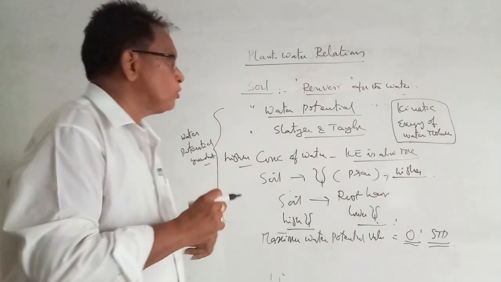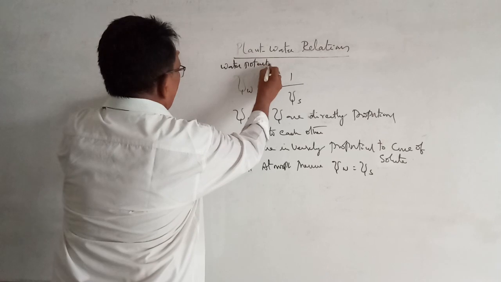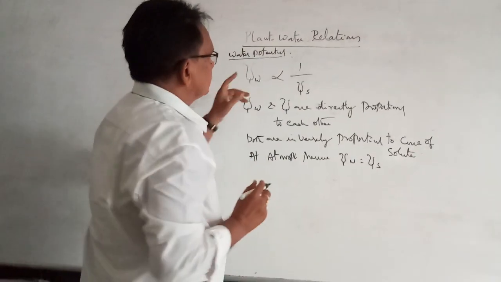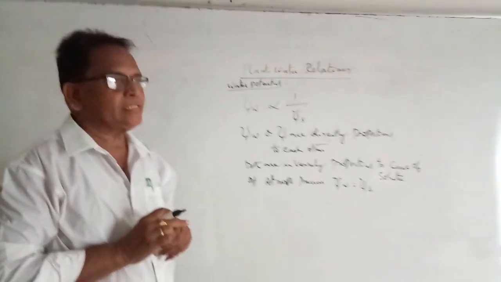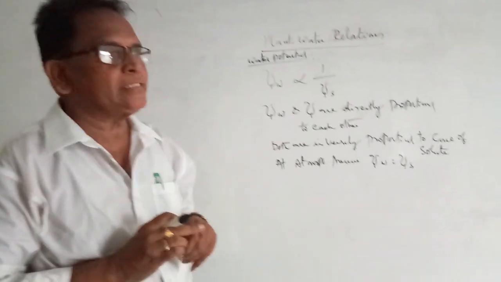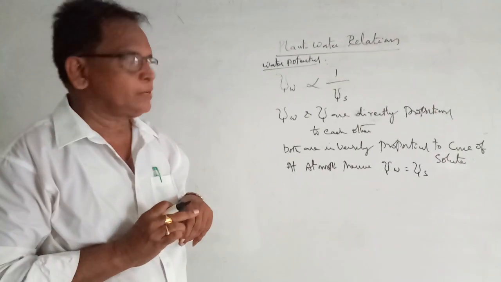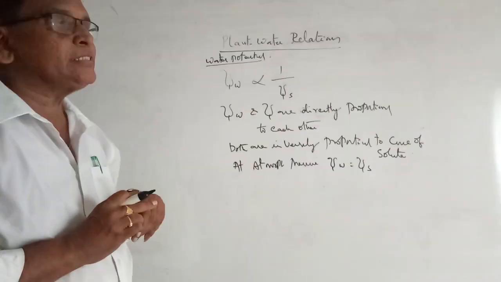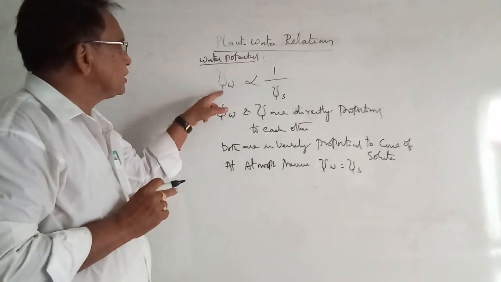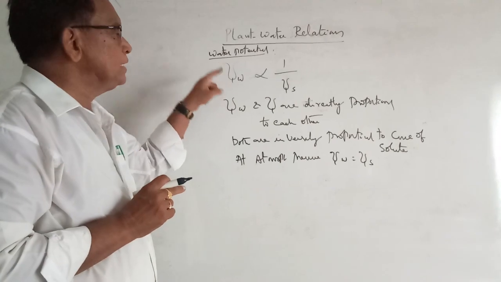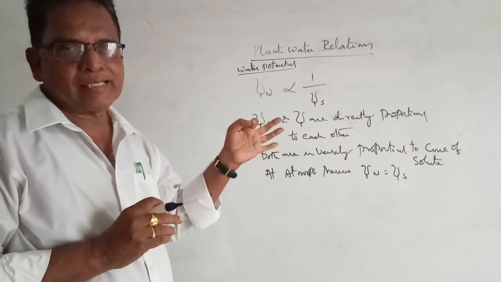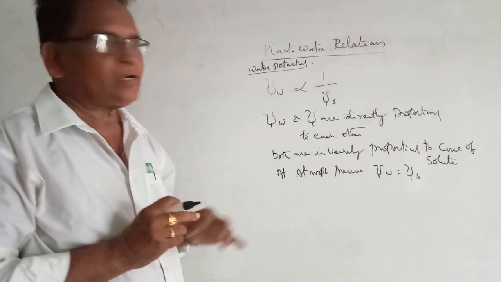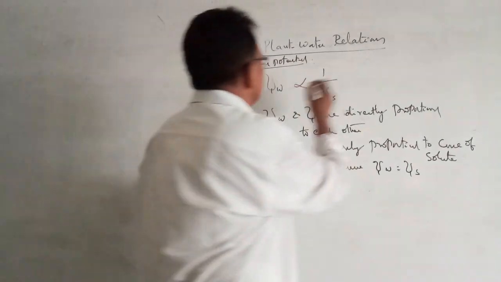If we add any solute, so this water potential is very essential for the absorption of water by the root system from the soil. This water potential is normally represented by the symbol psi W, or simply psi. It is a Greek symbol. Its value is always negative.